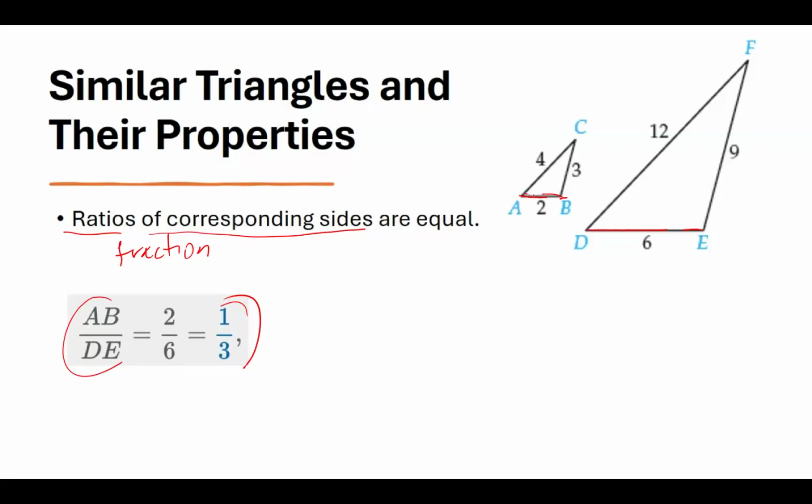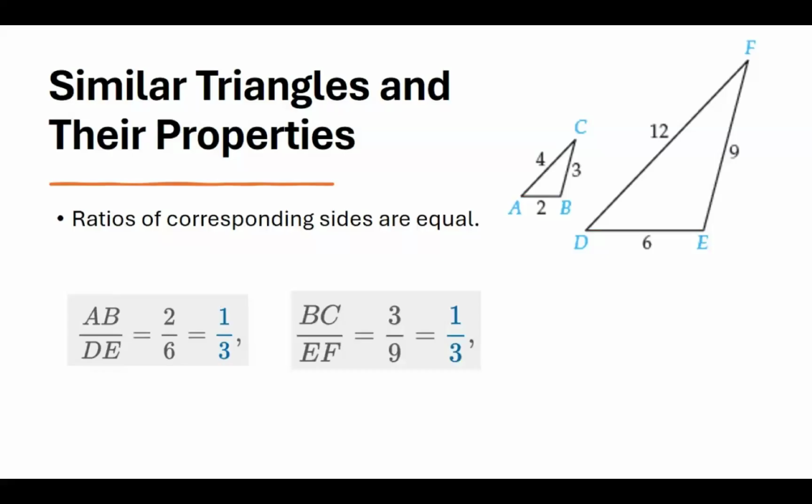Notice that I selected the base on the smaller one and then the base on the larger one. If I switch to a different side on the smaller one, say BC, which is the right side of the triangle, the corresponding one on the larger one would be EF, the right side of the larger triangle.